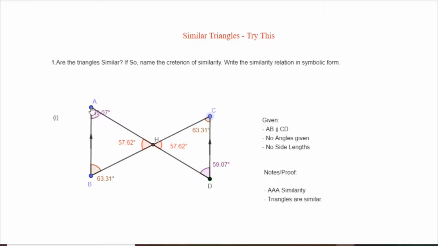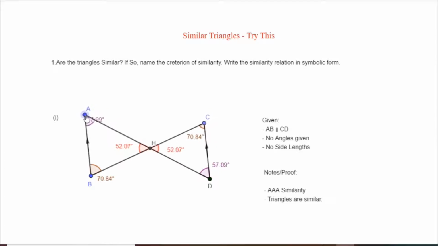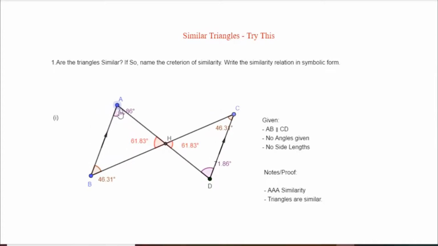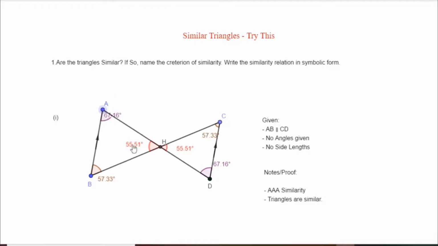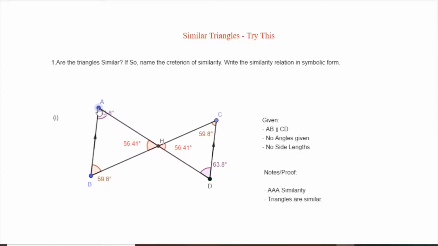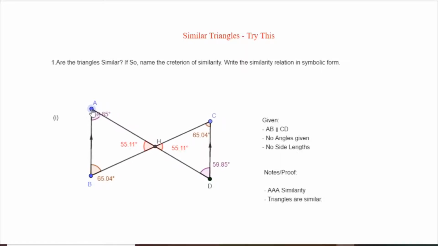So as long as AB and CD remain parallel, the alternate angles would always be same, whereas vertical angles would anyway be of the same value. This property of the angles between parallel lines is very useful in solving problems in similar triangles.